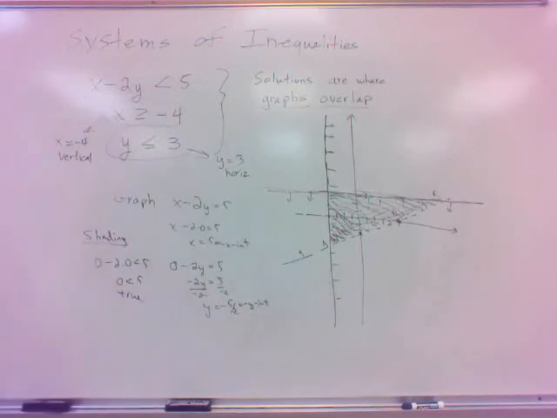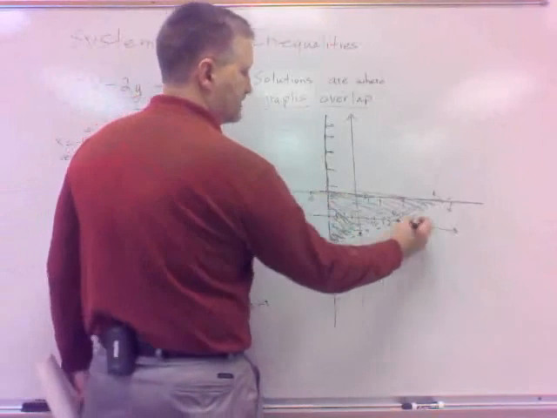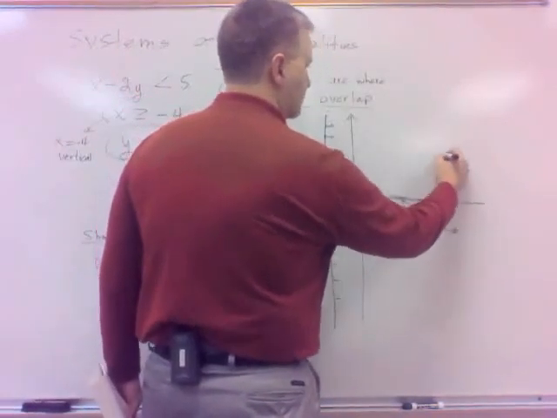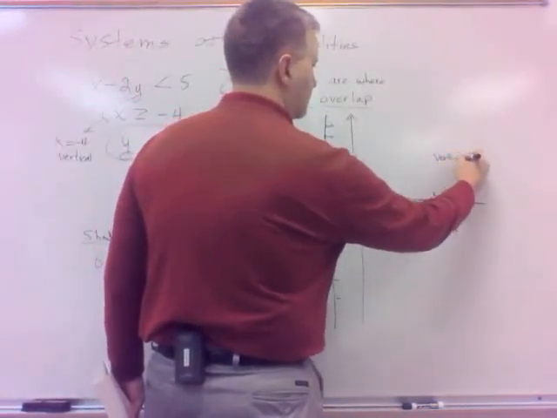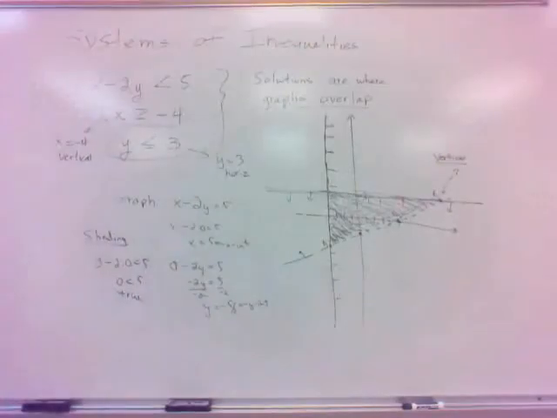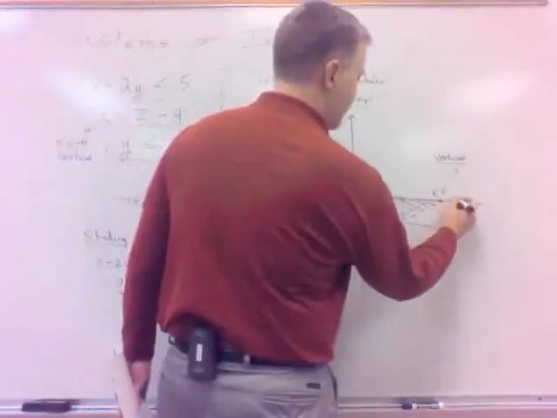Okay, before I leave that though, let me also talk about these corners here, also known as vertices. If you need to know where those vertices are, you see how we could come about those? Well, this one is probably the hardest.